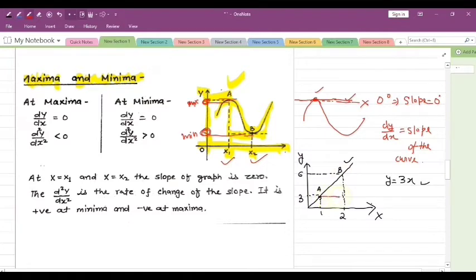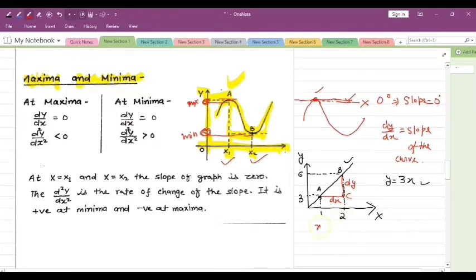Then from A to this point, say this point is C, and from B to this point, these two lengths: this length is called dy and this length is called dx.